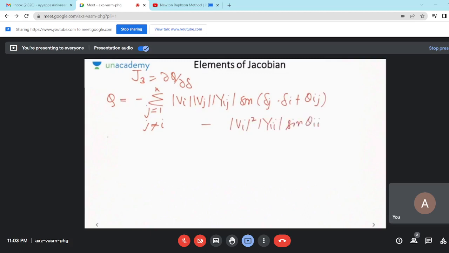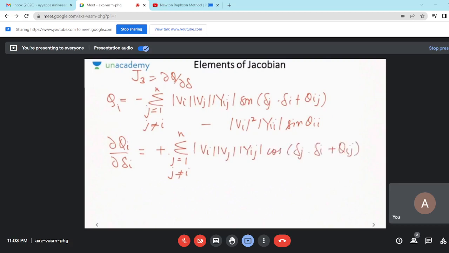Now if we wish to calculate the diagonal element del Qi by del delta i, this will be minus sum j is equal to 1 to n, j is not equal to i, then the derivative of sine will be cos, so it will become plus cos of delta j minus delta i plus theta ij.